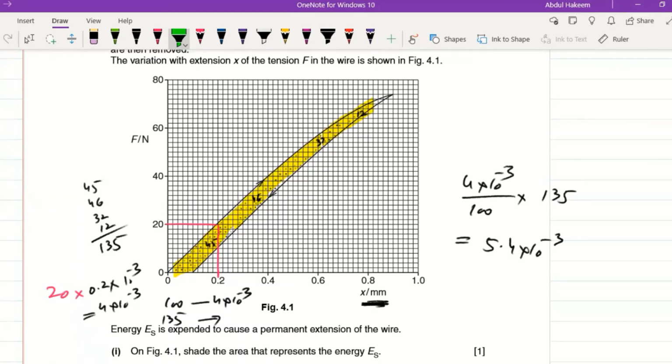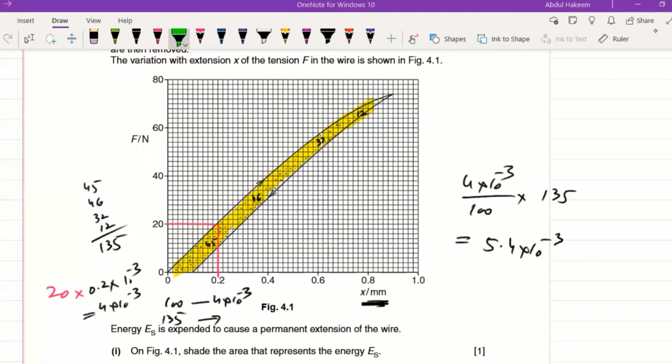Shade the area that represents that energy. So this loop, which is shaded, is the energy which is used for the permanent deformation because it is absorbed by the material. So this shaded area is the energy absorbed by the material for the permanent deformation.